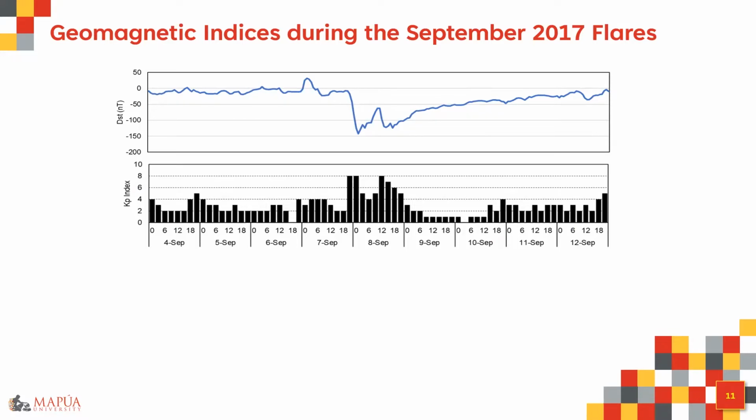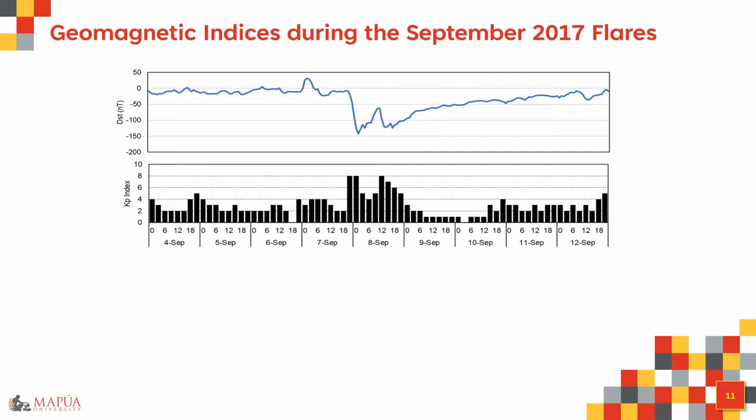So this is an example of a geomagnetic storm that happened in September, caused by X-class solar flares in September 2017.